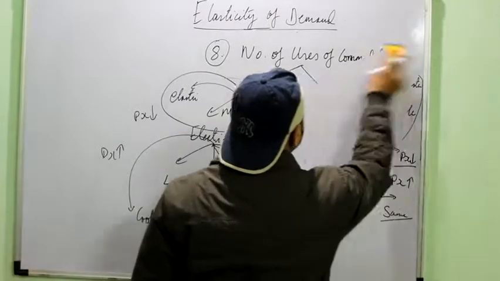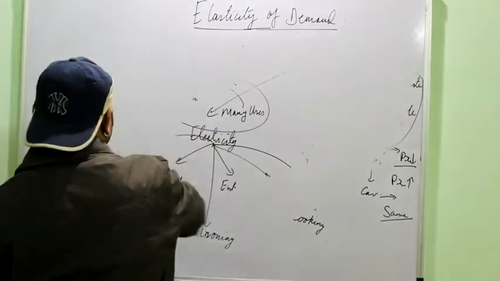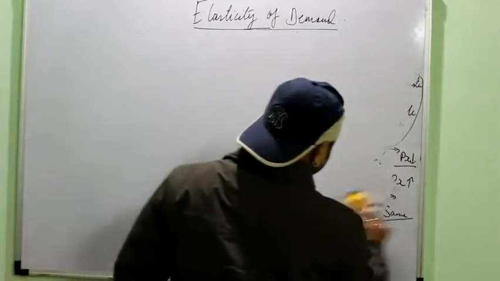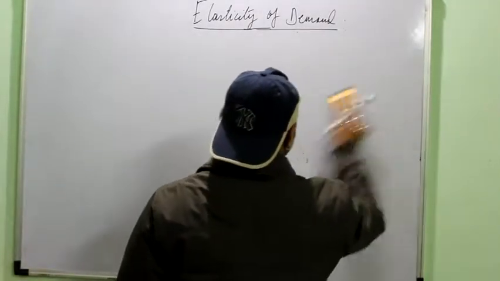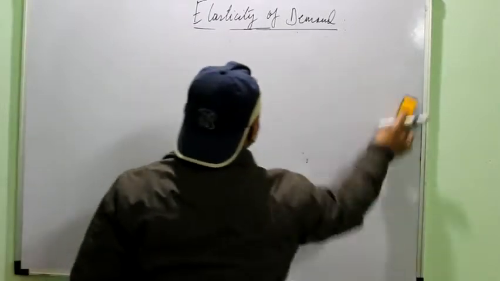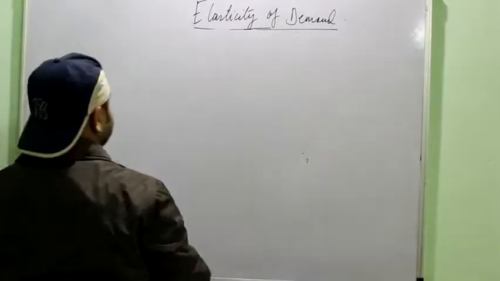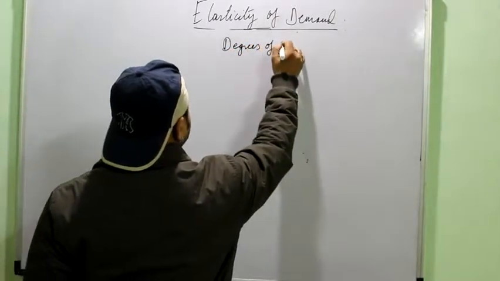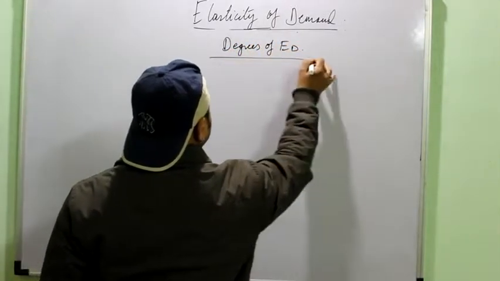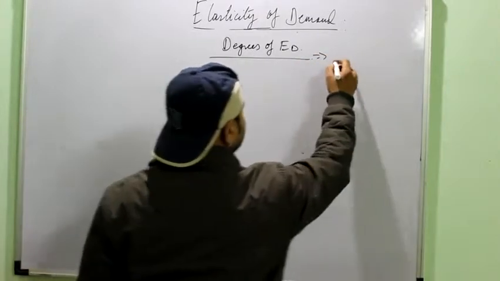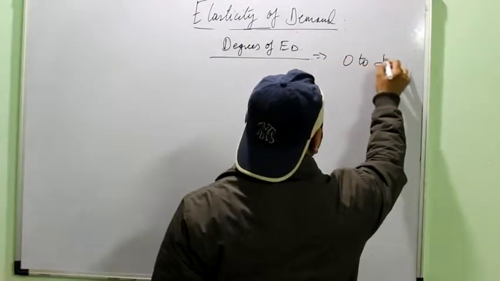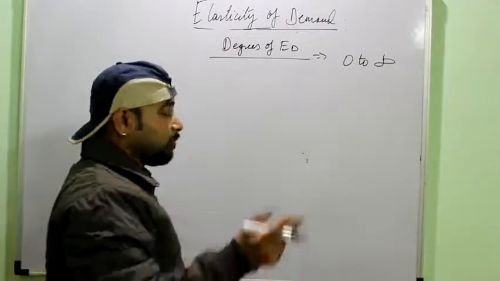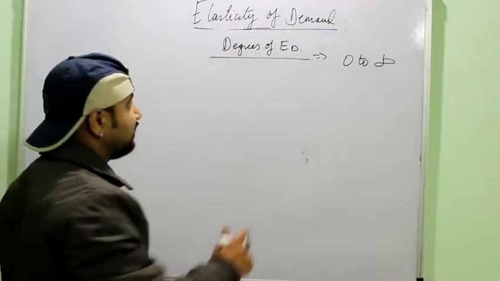Now after discussing the factors of elasticity, we move on to the degrees of elasticity. Okay, see, there are 5 degrees of elasticity which range from 0 to infinity. And they all are defined on the basis of the response of demand to the changes in price.